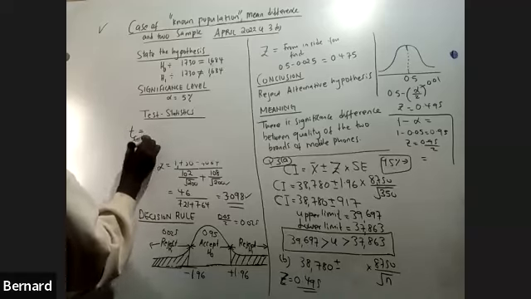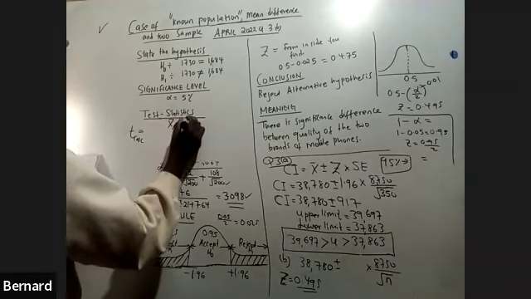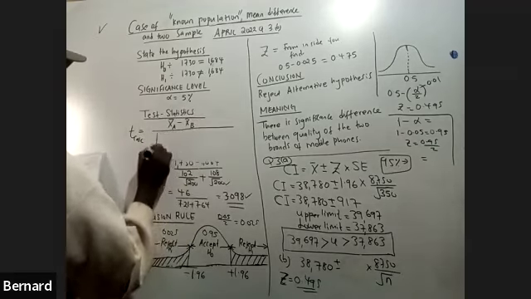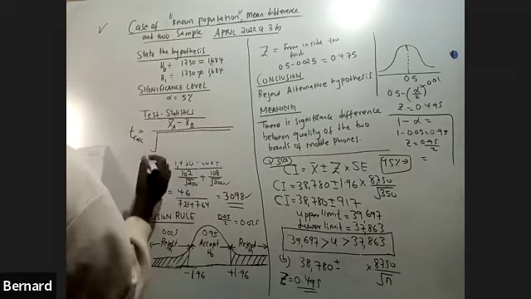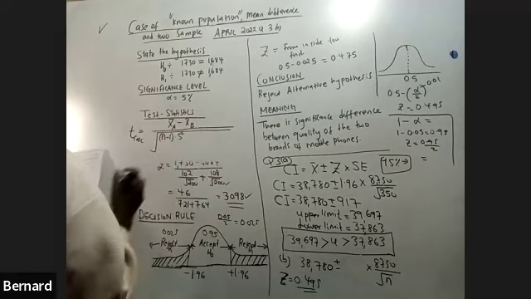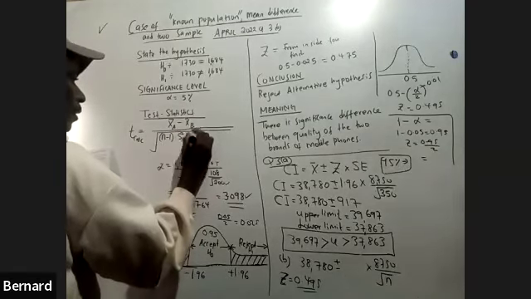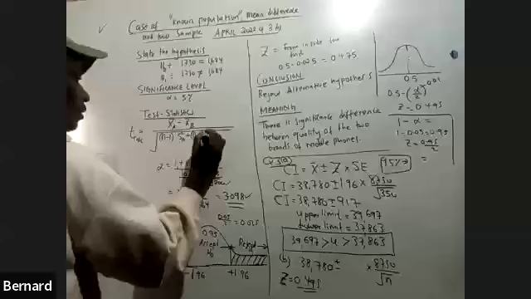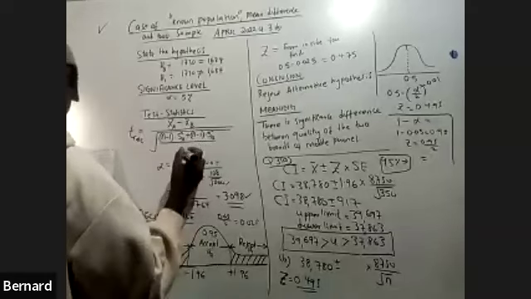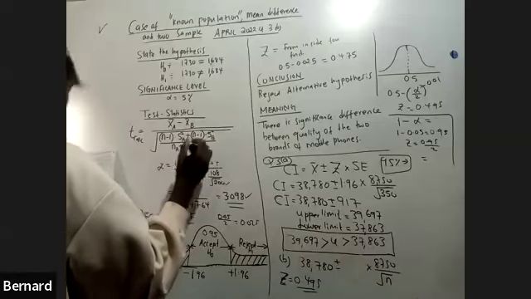The t calculated is equal to x minus x over the square root of, we need to know that formula, n minus 1 times standard deviation of a squared, plus n minus 1 times standard deviation of b squared, over na plus nb minus 2.